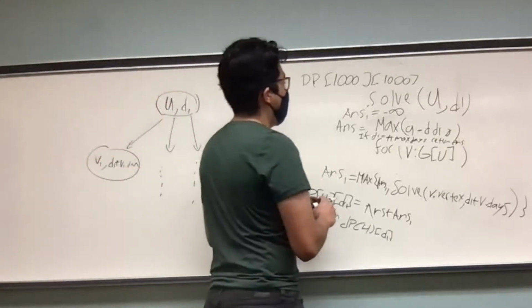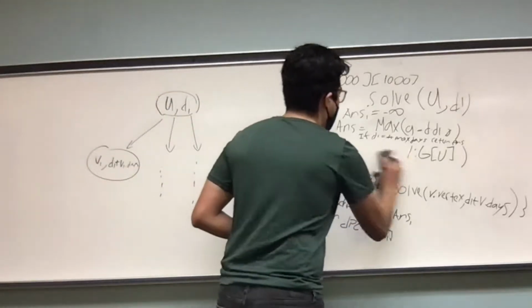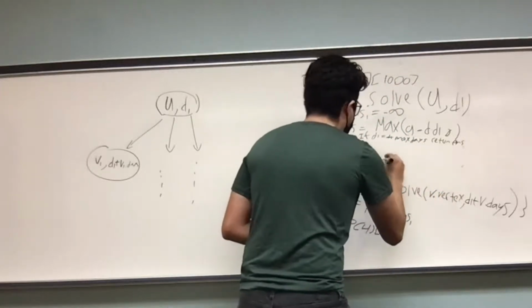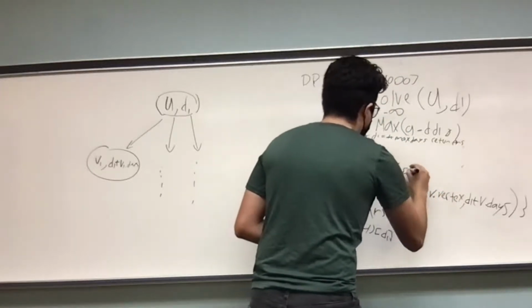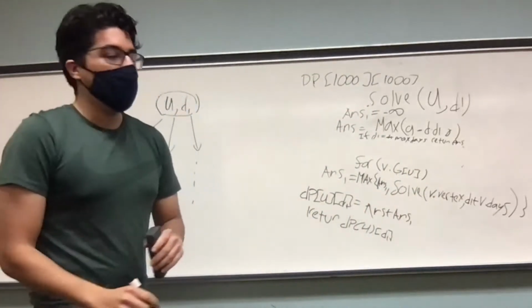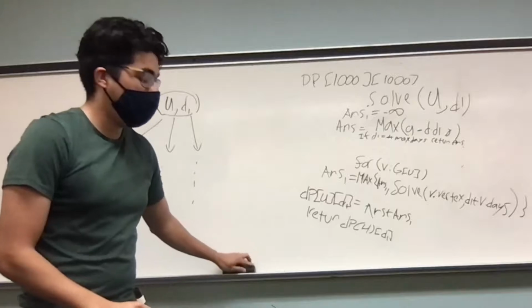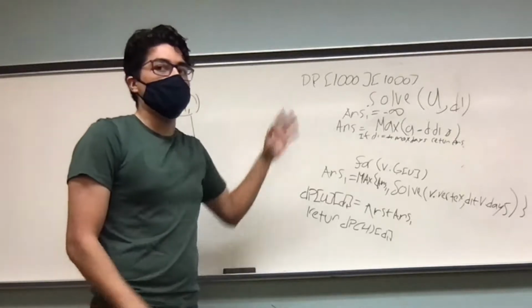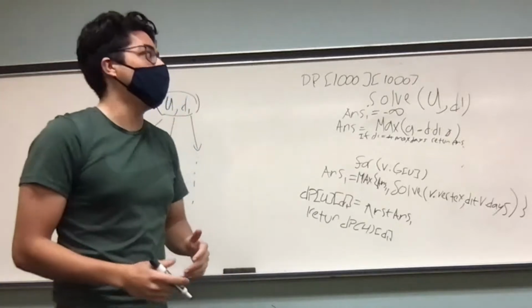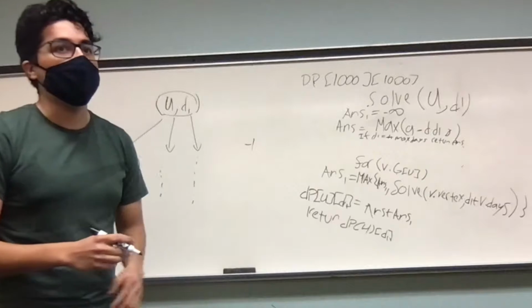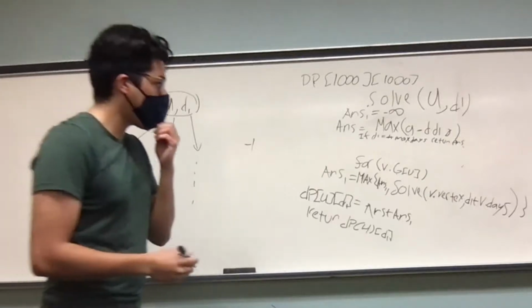Usually from a practical standpoint, we can set this DP table to a value that will never be used, like -1. We'll never have a solution of -1, at least we'll have 0.